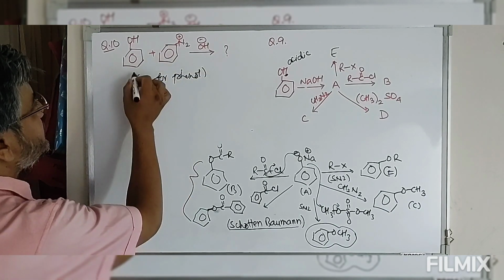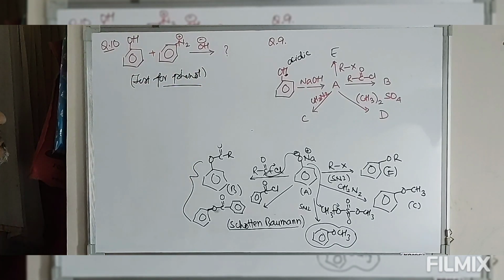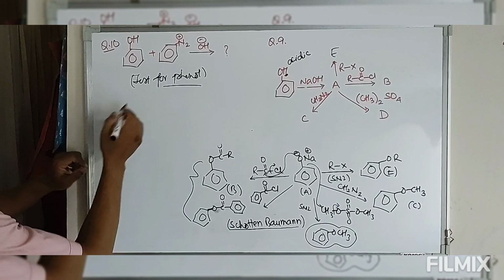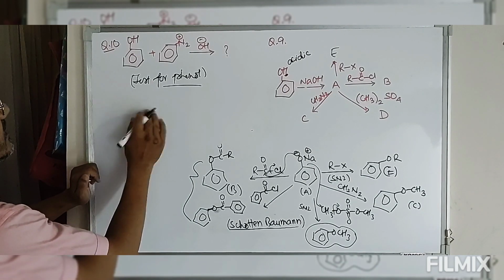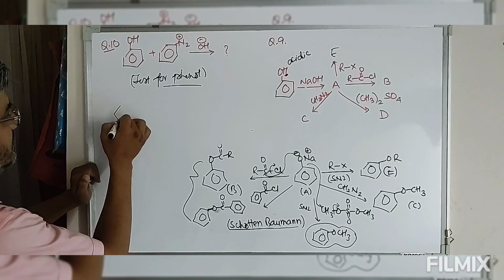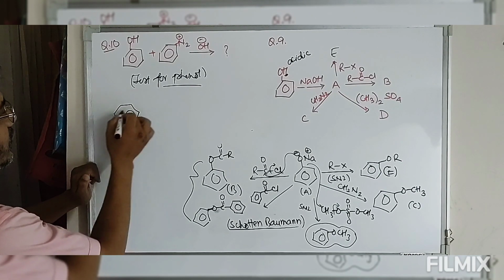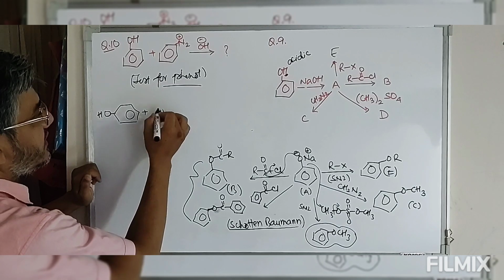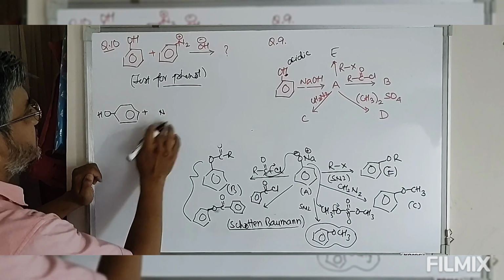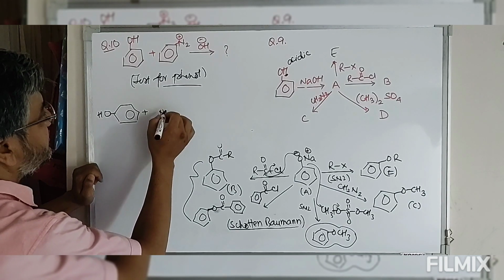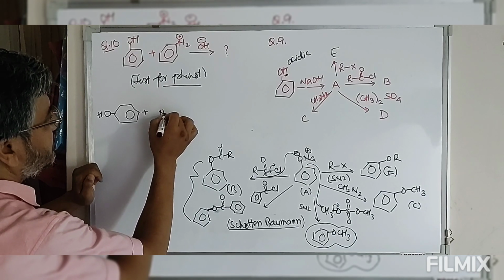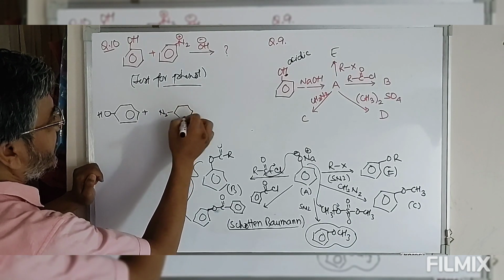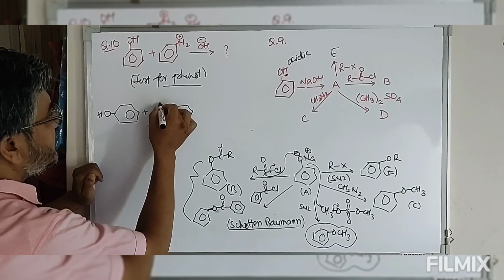So phenols on reaction with benzene diazonium ion give you azo dyes. So the reaction is, we have this phenol reacting with benzene diazonium ion, N2 plus.